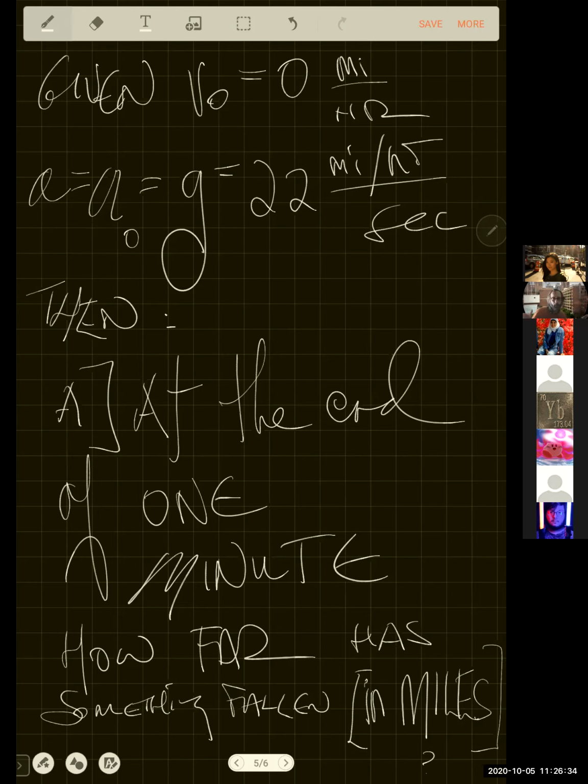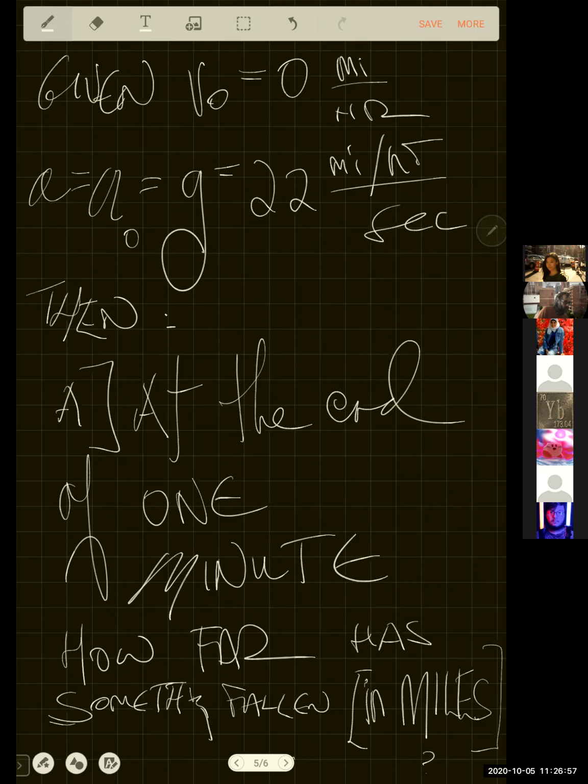In a way, this whole problem is just one annoying unit conversion, but there are ways to make it not annoying. So I want to know at the end of 1 minute, given these facts above, how far has something fallen in miles?